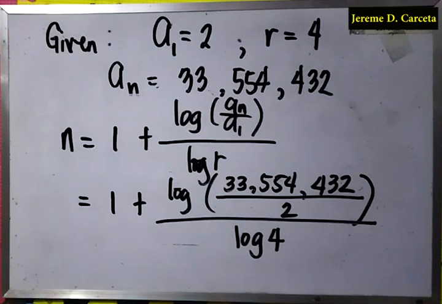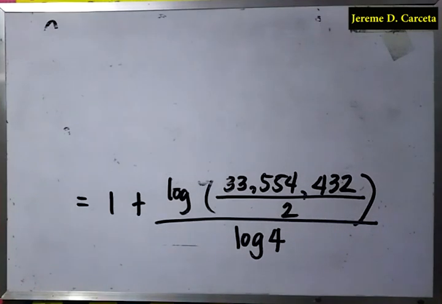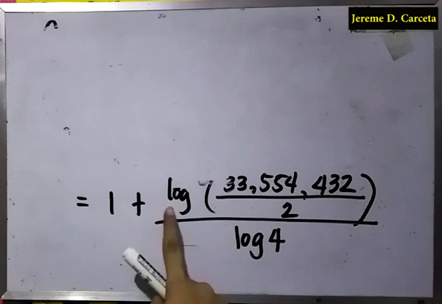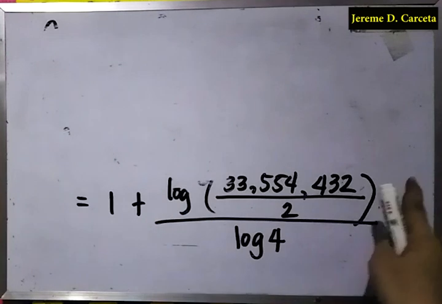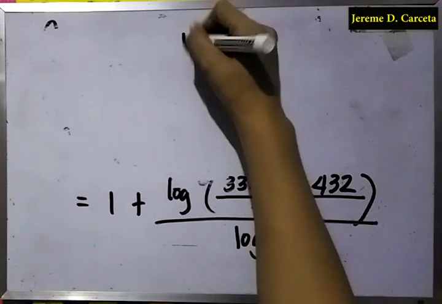We need to use a calculator here to find the logarithm. You can check that. Kindly get your calculator and try to solve it also. Simplifying the logarithm of this divided by logarithm of 4, that would give us 12.